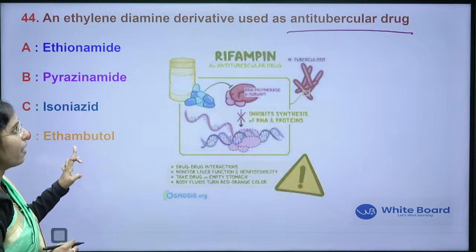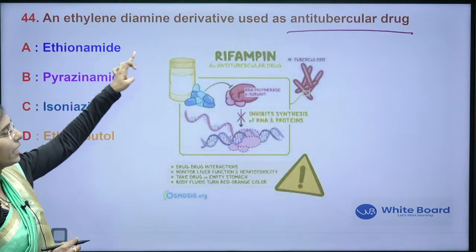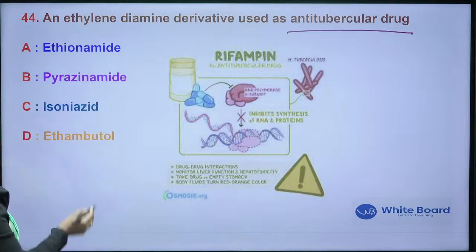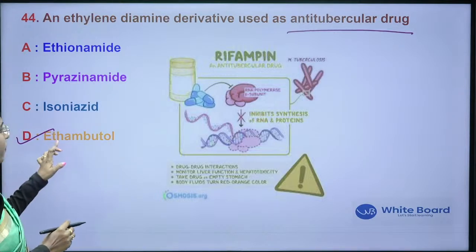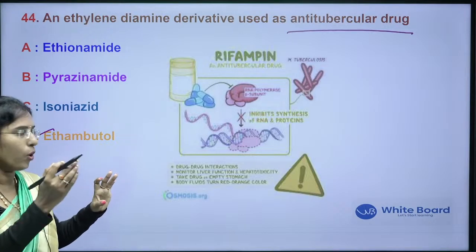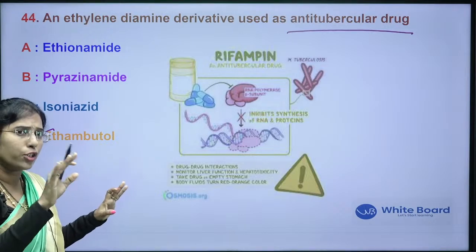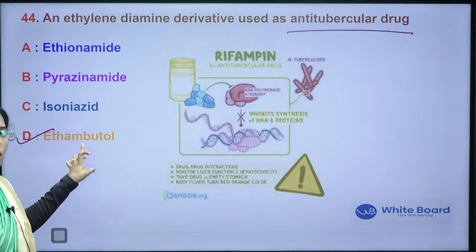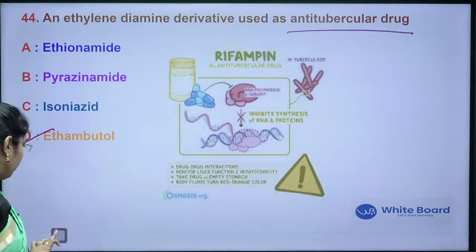Out of these, which is an ethylene diamine derivative? It is ethambutol. It has ethylene diamine with a butanol structure, a 1-hydroxy butyl structure. So the correct option is ethambutol.